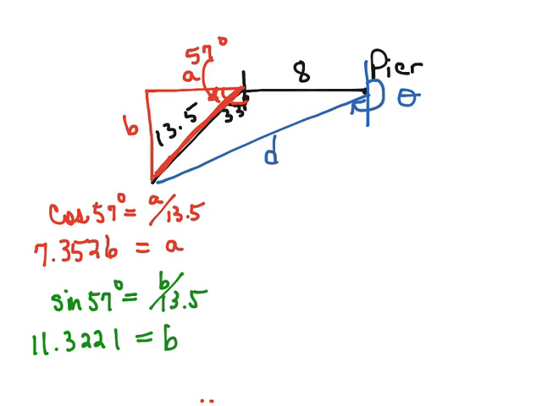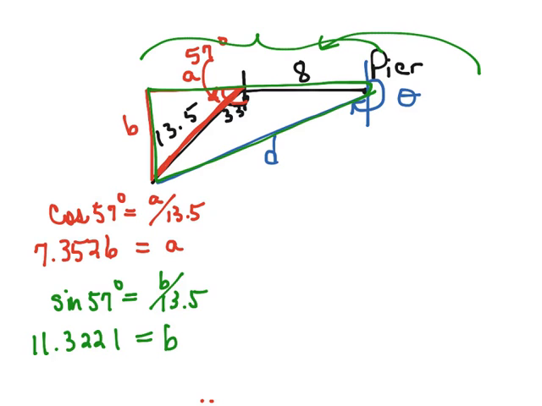Okay, so how does that help us? Well, now if you look, we have a big right triangle that we know a little bit about. For example, we know that this whole side will be equal to 8 plus the 7.3526. So that side of our triangle is 15.3526.